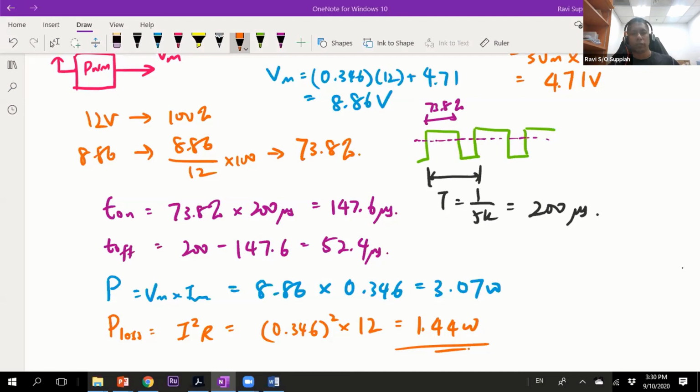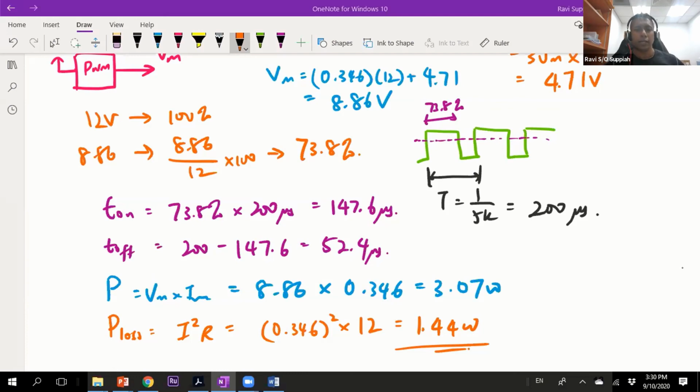There are of course a lot more minor losses within the motor and the way it generates the back EMF, but that would be a whole in-depth study of how the motor works. So to make analysis simple, we just take it that the only loss we're going to focus on is the loss in the resistance of the motor coil. We sort of abstract out the rest for now.